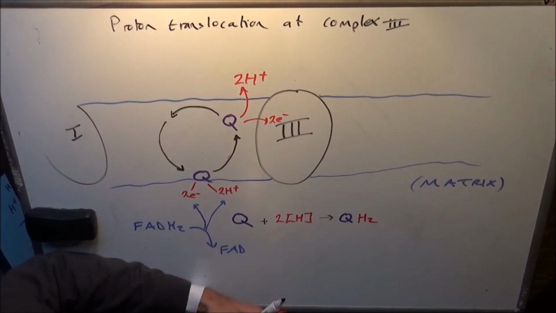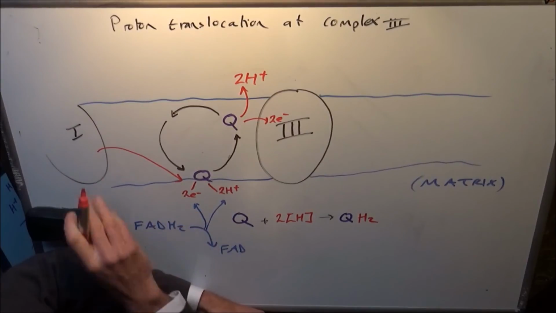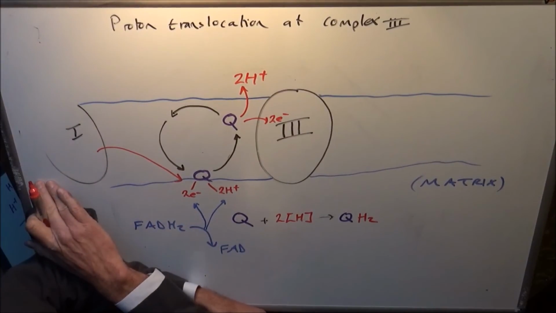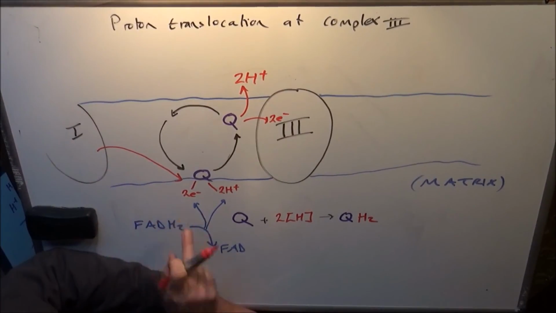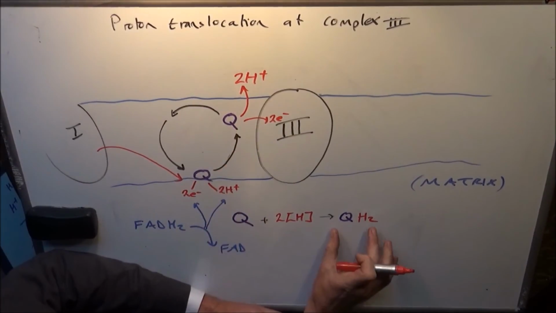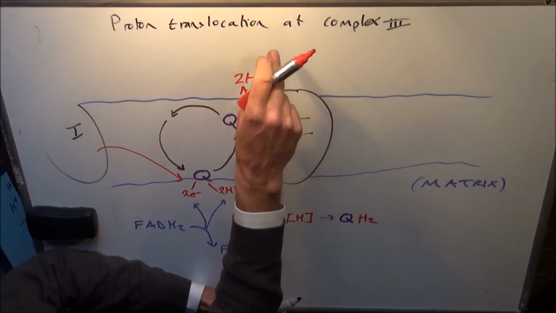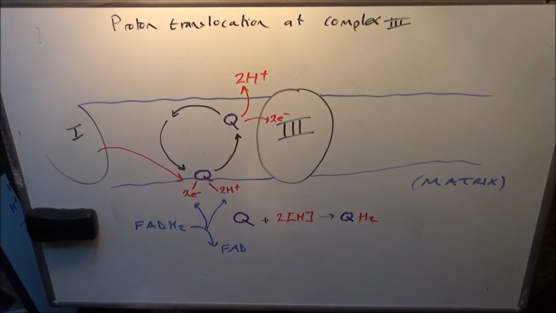That can send a pair of electrons onto Q. Those electrons came originally from NADH, and when that happens, it picks up 2 protons from the matrix, so that it becomes the fully reduced form, and then it releases the electrons to complex 3 and the protons into the space. So it's called the Q cycle. It's responsible for pumping protons at complex 3.